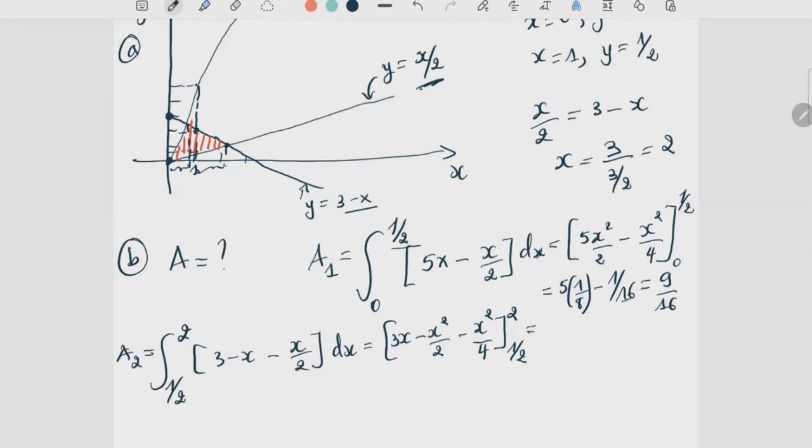This gives us, if you substitute in the higher value, 6 minus 2 minus 1 minus 3 over 2.